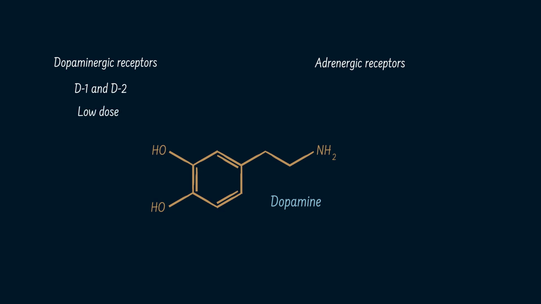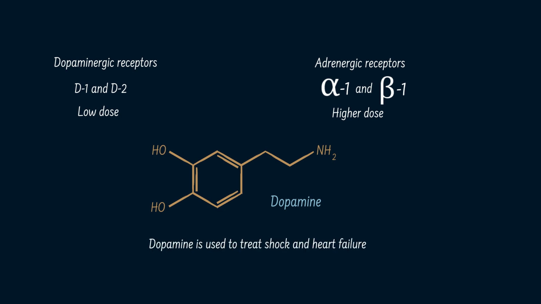So, at low doses, dopamine stimulates dopaminergic receptors. However, regarding adrenergic receptors, which are the scope of our interest in this video, dopamine also stimulates alpha-1 and beta-1 adrenergic receptors but at high doses, causing vasoconstriction and increased cardiac output. So, dopamine is used to treat shock and heart failure.